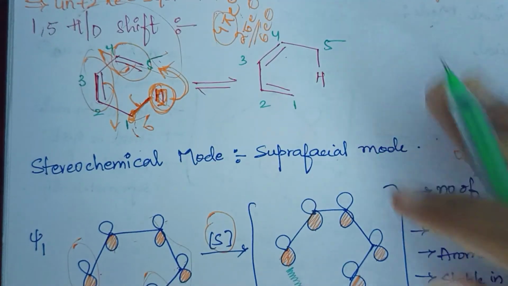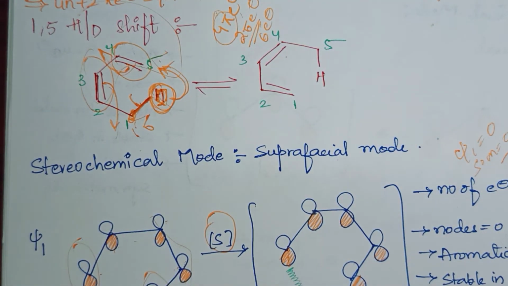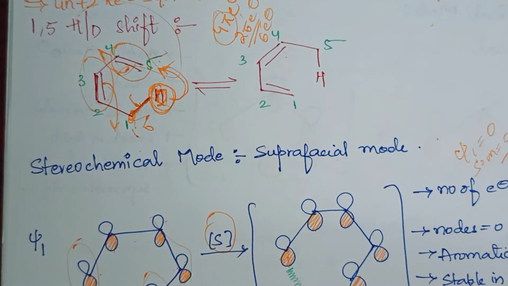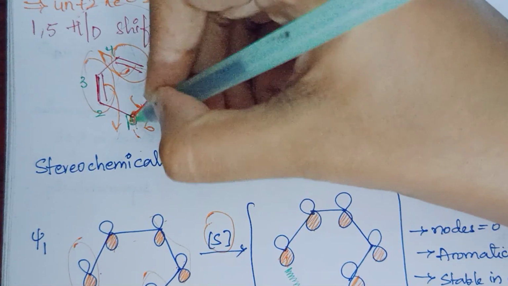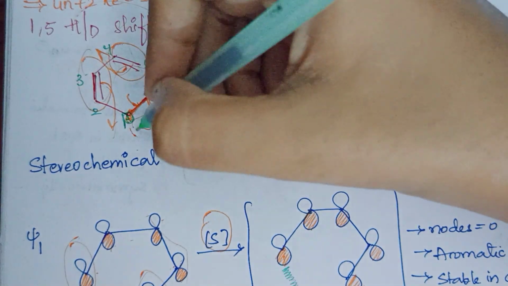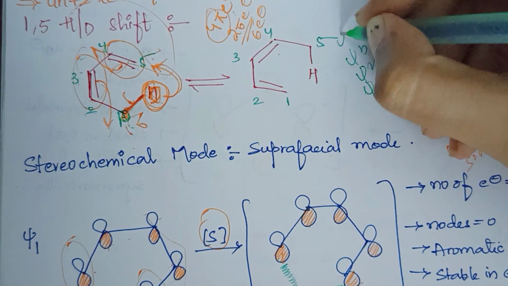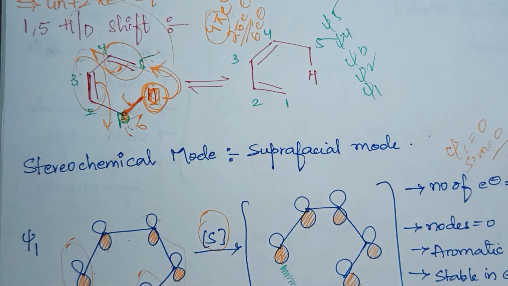I will be explaining in the next video. You can take the help of that next video to see the molecular orbital diagram of the 5 carbon system. Okay, xy1, xy2, xy3, xy4, xy5. How many carbons are there here? 5 carbons are there. So I am taking 5 molecular orbitals. If you are not understanding how to draw, you can go through the next video.